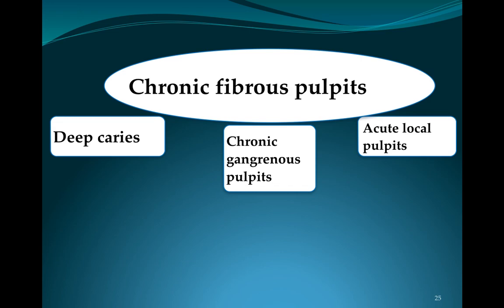But when chronic gangrenous pulpitis, probing may be painful just on the mouth of canals, because when chronic gangrenous pulpitis, the crown part of pulp is necrotic. That's why without any pain on the mouth of pulp chamber. And when chronic gangrenous pulpitis, there is a smell from the cavity.